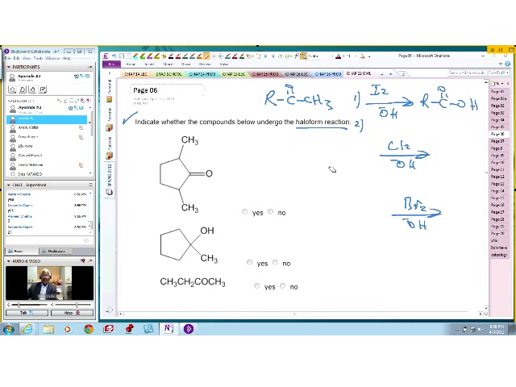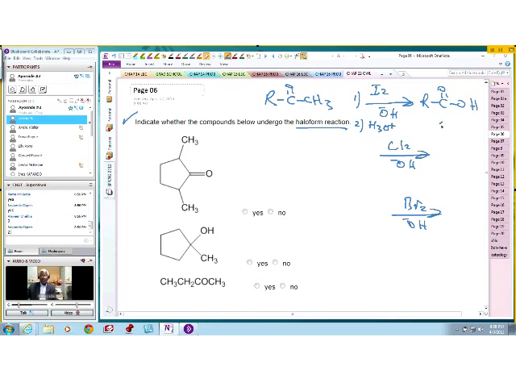The haloform reaction converts a methyl ketone to a carboxylic acid once you add the dilute acid at the second stage.